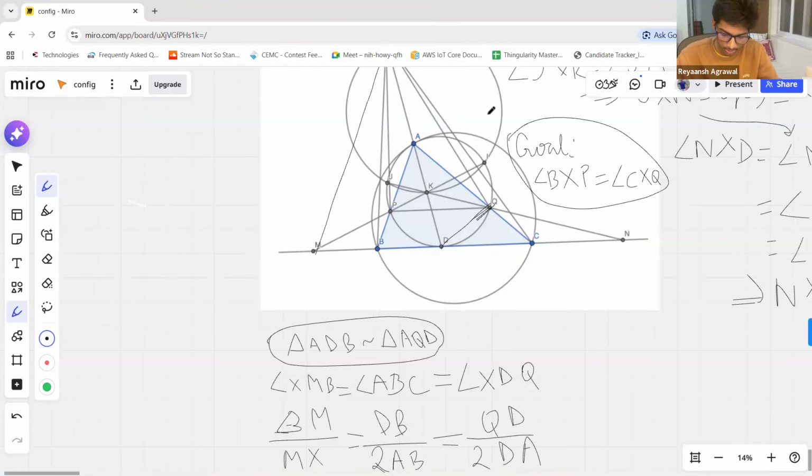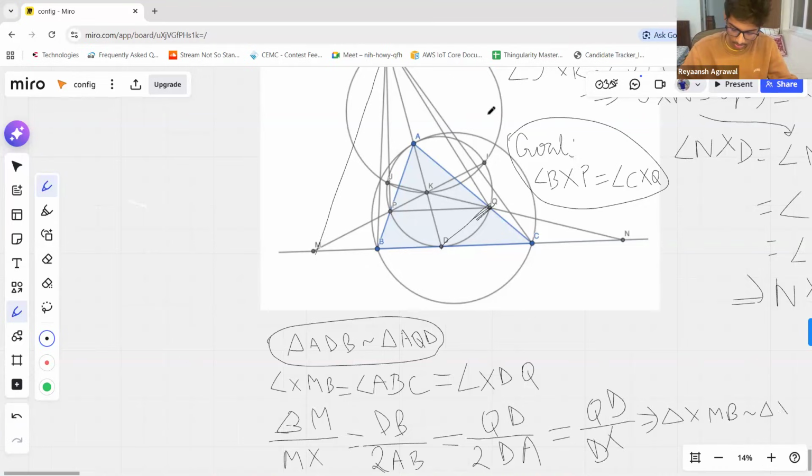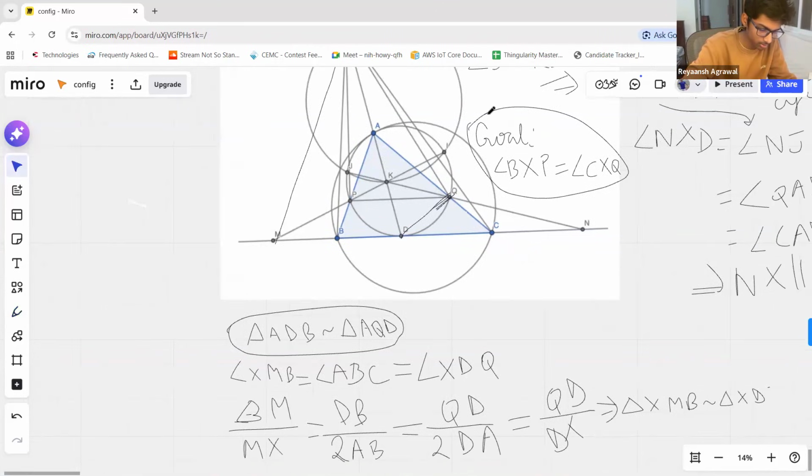But 2DA is equal to DX. So they are similar. So triangle XMB is similar to triangle XDQ.